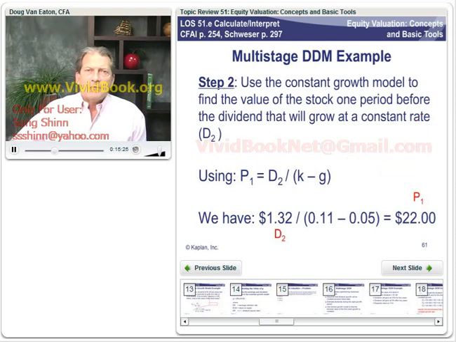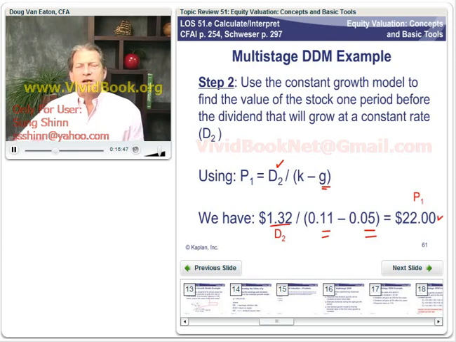So we can calculate using D2, right? That was our $1.32 dividend that will grow at a constant rate of 5% forever. Here's our required rate of return, so we've got our K minus G in the denominator. We put D2 in the numerator, get a value of 22, and that is at time period 1.